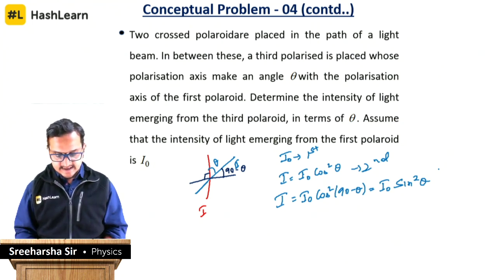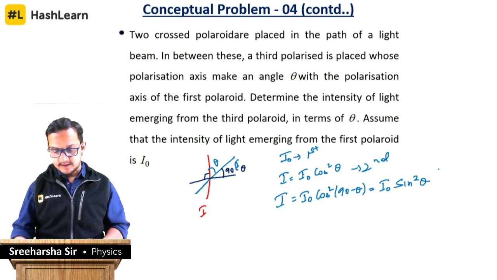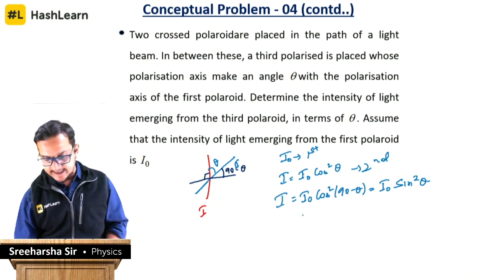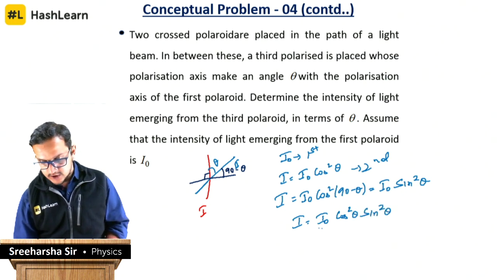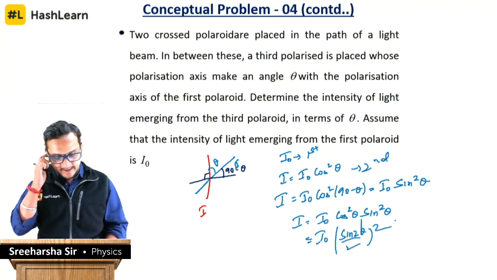So the intensity of light from the third polarizer will be I is equal to I naught cos square theta sine square theta. So from this you will have it as I naught times sine 2 theta by 2 the whole square. This is your basic trigonometry, students.